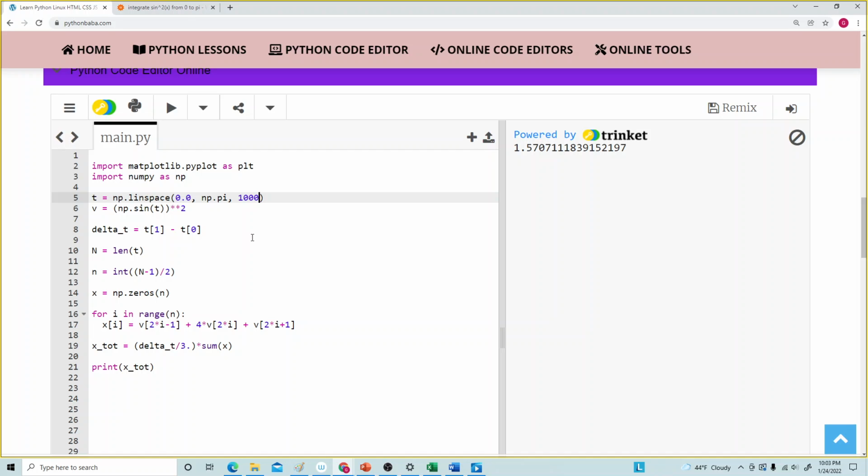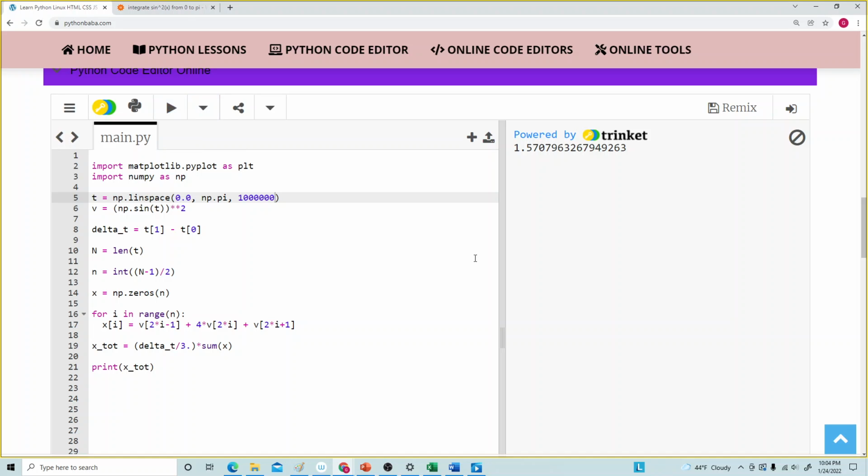But because computers can crank these out to nearly arbitrary precision, you saw how fast that ran with 1,000 data points. If I run it with 10,000 data points, it hardly takes any time at all. We can even do 1,000,000 data points, and it still won't take terribly long. It might take a couple seconds, but it just cranked out 1,000,000 data points.